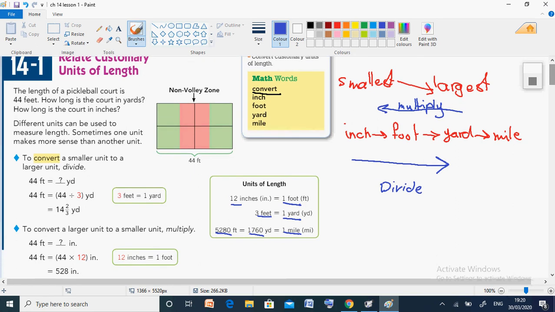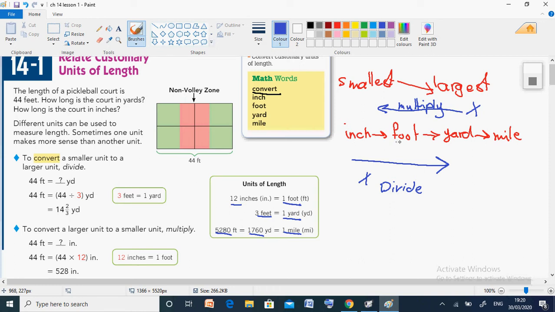Okay, now again we have to decide if we want to multiply or divide. From largest to smallest, or from right side to left side, we have to multiply, and from left side to right side, or from smallest to largest, we have to divide. You have to keep in your mind: inch, foot, yard, and mile.